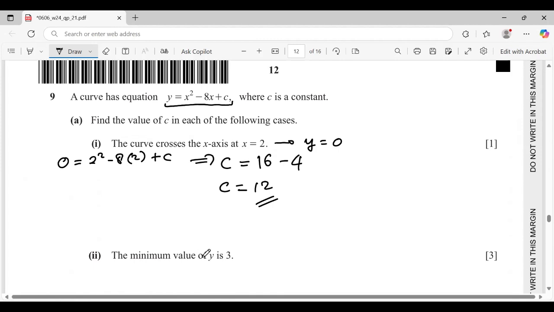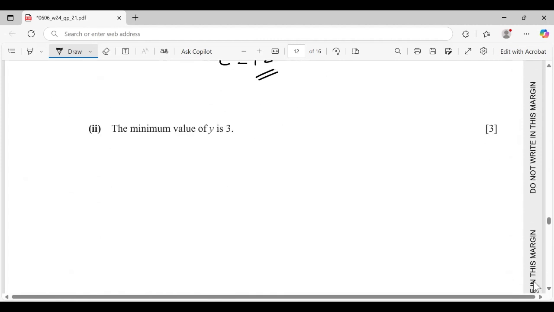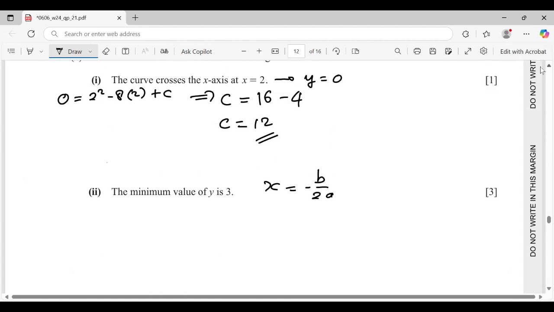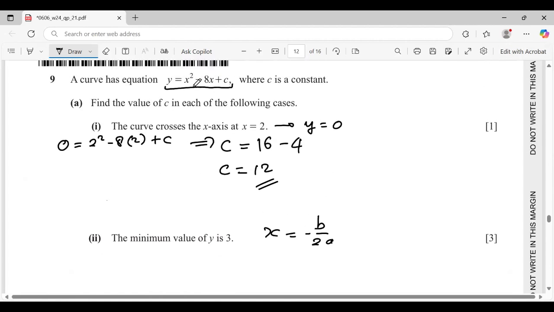The second, the minimum value of y is 3. The minimum value means the function has a minimum point at x equal minus b over 2a. On this function, a equal 1, b equals minus 8, and c equals 12.